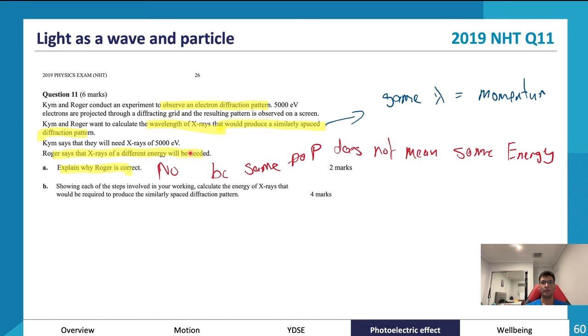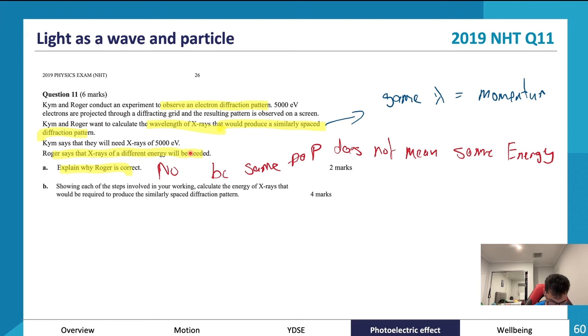Cool. To calculate this, I'll just quickly do it, just because of time. We know the energy of the electron is QV. I'll do it in green.